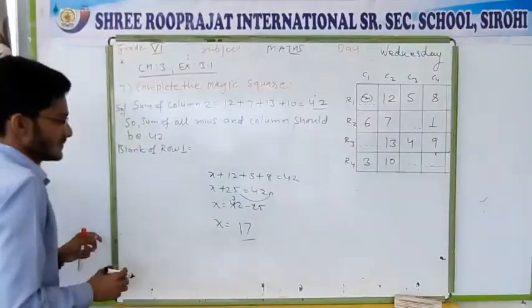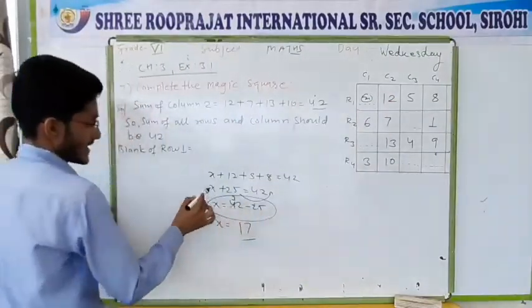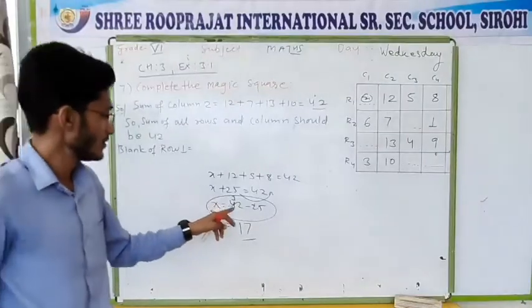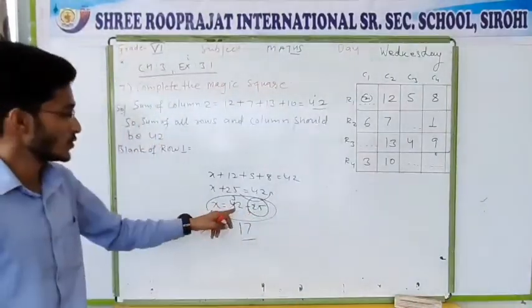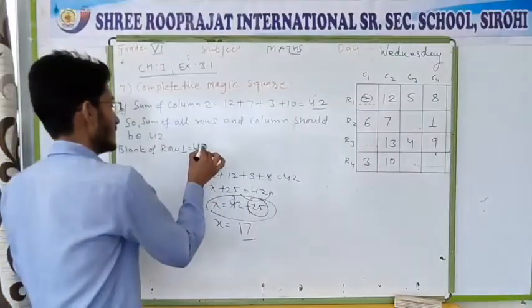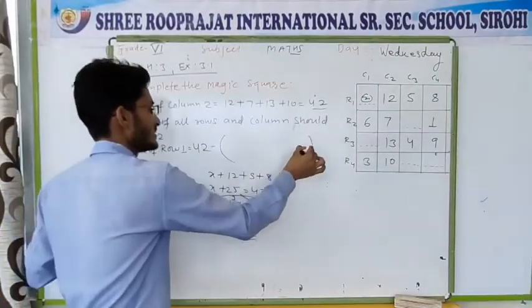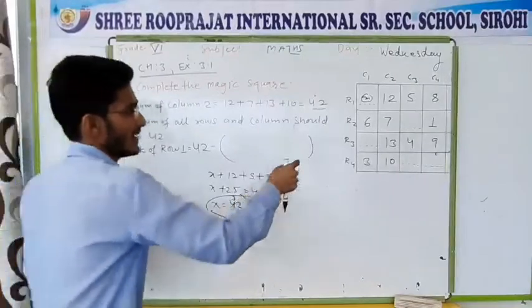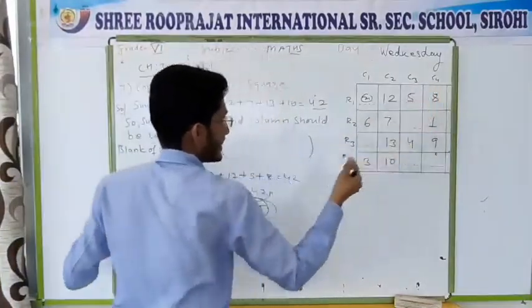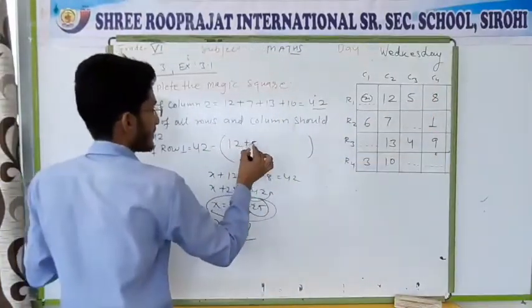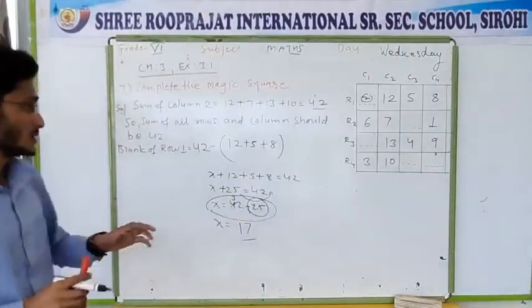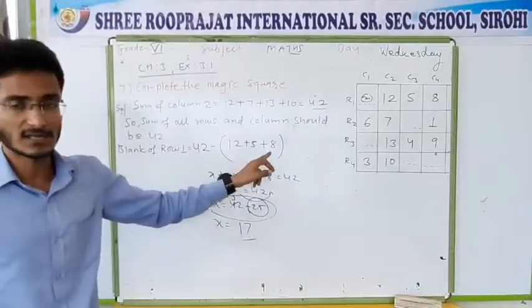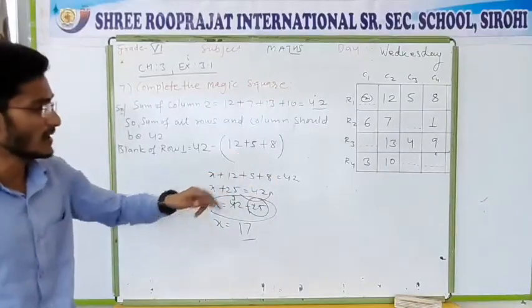So simply, that means if we talk about this line, we have to subtract the sum of the other numbers from the total. So that means 42 minus the given numbers, and the given numbers are 12 plus 5 plus 8. So 42 minus the sum of the given numbers.